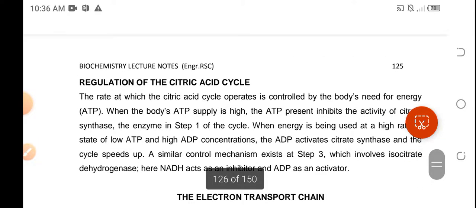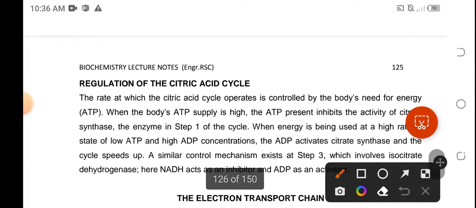So, the regulation of the citric acid cycle, the rate at which the citric acid cycle operates, is controlled by the body's needs for the energy. So, the ATP. So, saka lang nagkakaroon ng Krebs cycle kapag kailangan ng mag-produce ng ATP ang ating body.